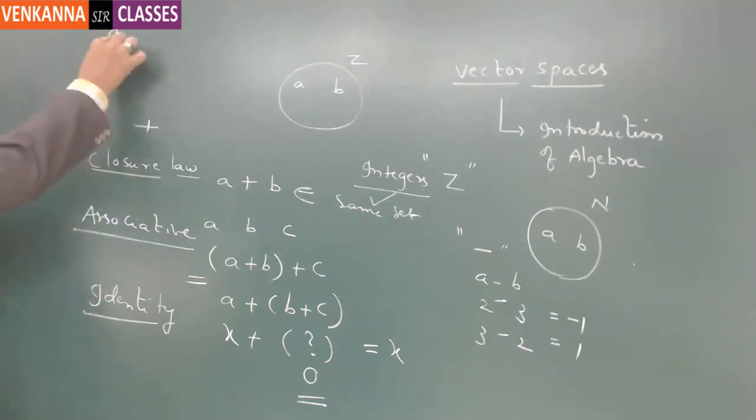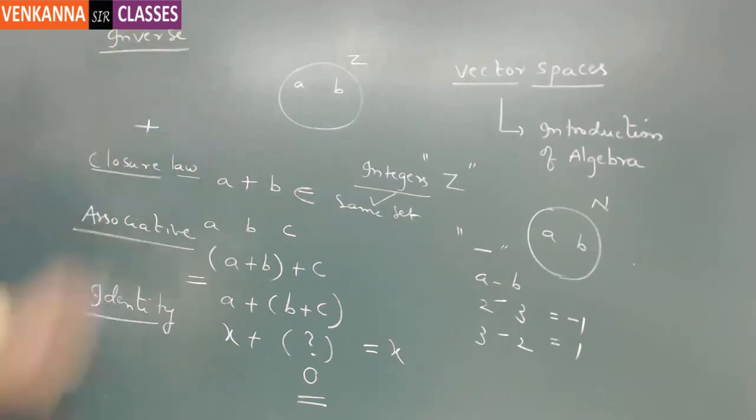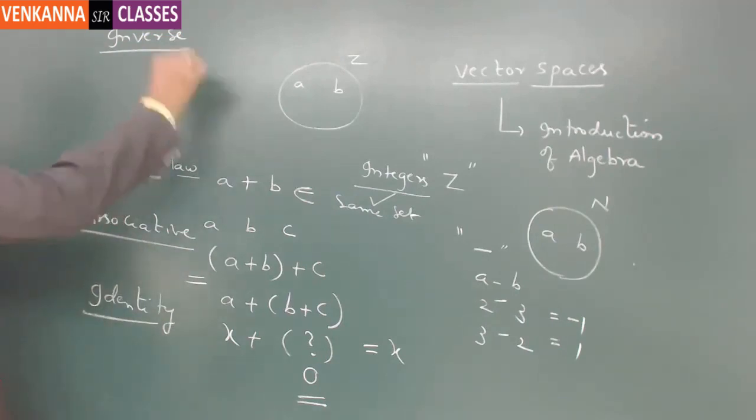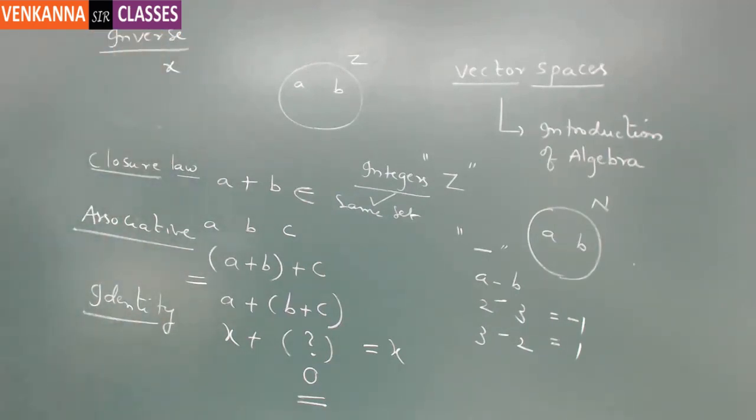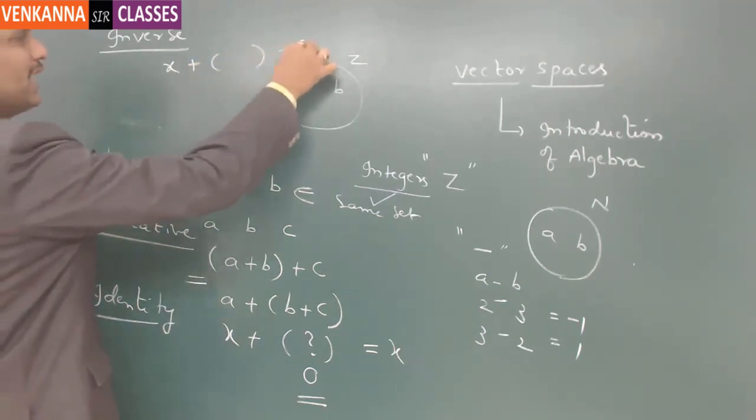And one property is inverse. It means that whenever you take an integer x, after adding what value should you get the identity?